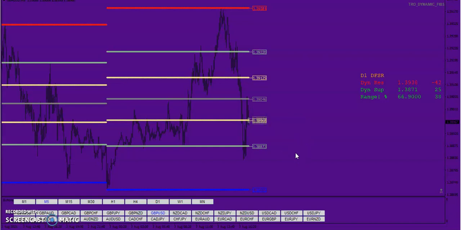And of course, you can always use this in conjunction, say, with the rat zone or the wick zone if you want, and combine them. So for example, the rat zone will be 20 pips off of this. So we got 38.71 down here, so 38.91 would be where the rat zone is.